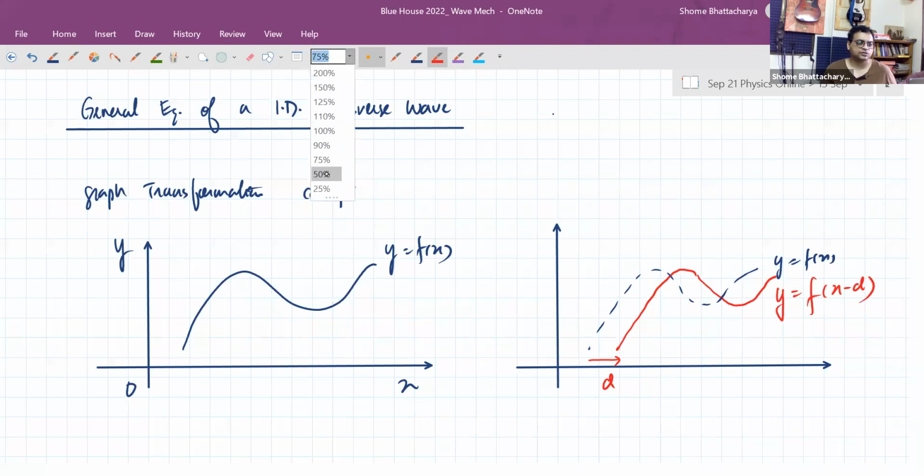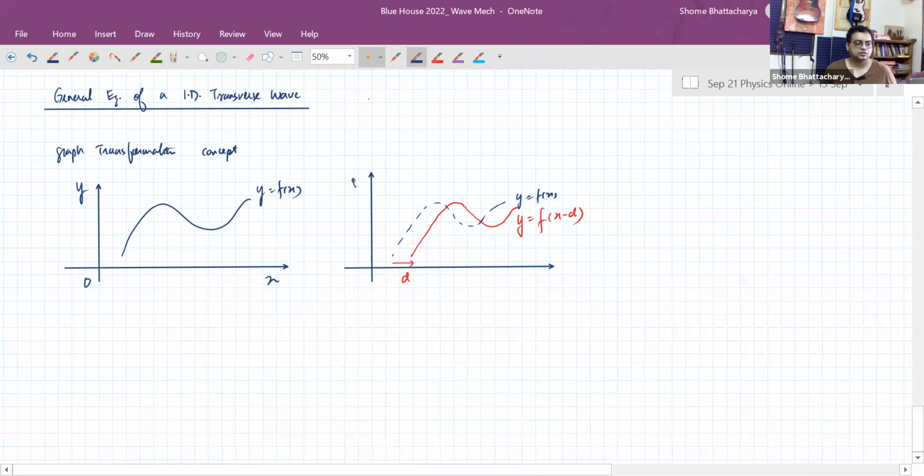I'm sure you'll be aware of this. For example, you know that the graph of y is equal to x squared looks like this. If I make it y is equal to (x minus 1) whole square, the vertex shifts to the point (1, 0). Or if I make it y is equal to (x plus 1) whole square, it will shift like this.